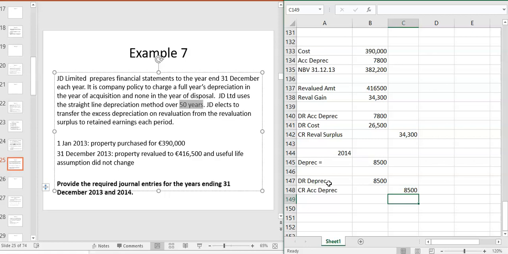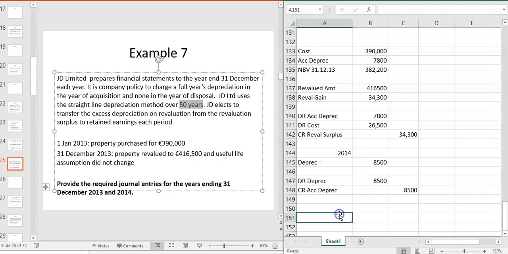All right. So that's important that you get an idea of where that's coming from. So what we can see here is in 2014, just because you have revalued the asset, you have a larger depreciation charge.